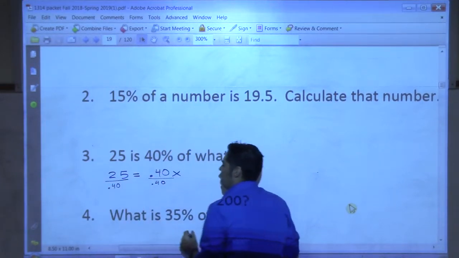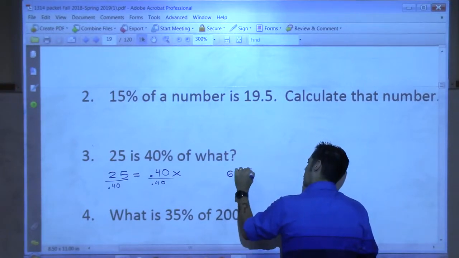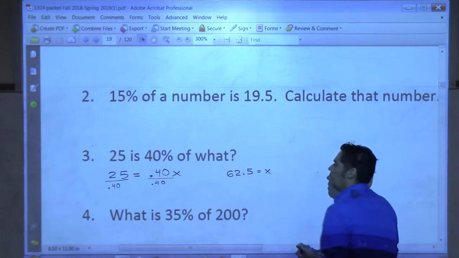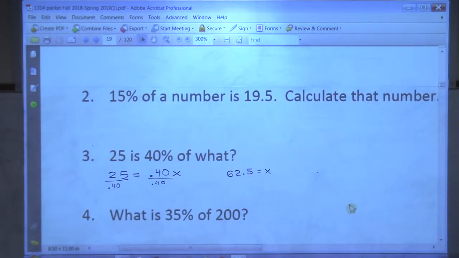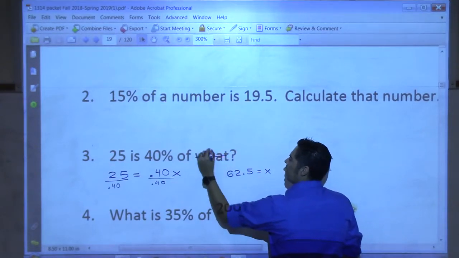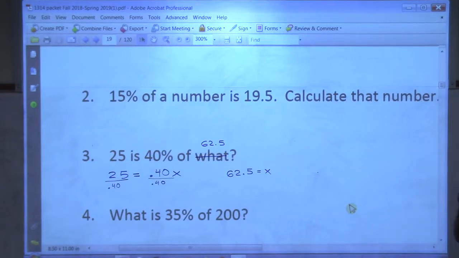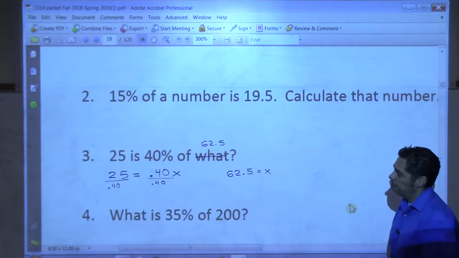And so I'm getting 62.5 equals X. So I can scratch out the "what," put 62.5, and read it to myself. 25 is 40% of 62.5.